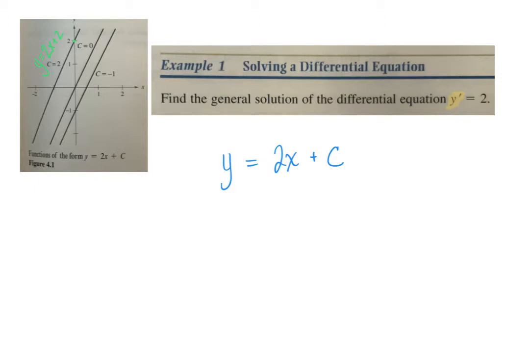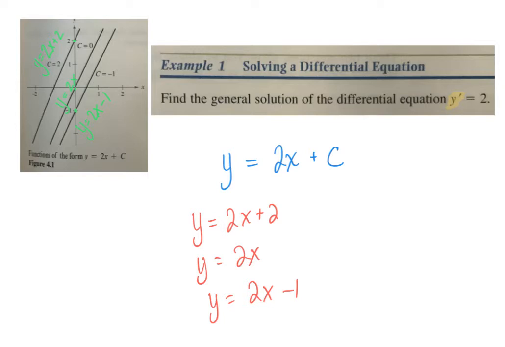This one right here is just y equals 2x plus 0 because the y-intercept is 0, right? And this one is y equals 2x minus 1 because the y-intercept is negative 1. So we have those three functions shown right there: y equals 2x plus 2, y equals 2x, and y equals 2x minus 1.